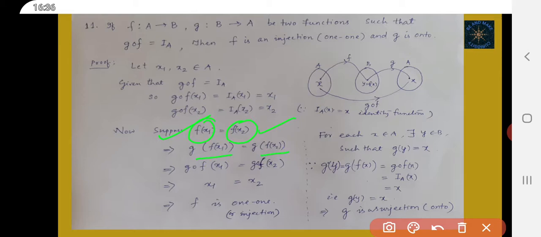For the same element, we get the same image. So here you can write this as g∘f of x1 and g∘f of x2, and g∘f of x1 is equal to x1, and g∘f of x2 is equal to x2. Okay?